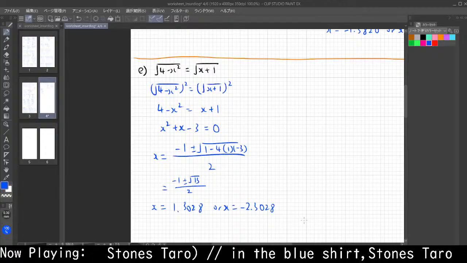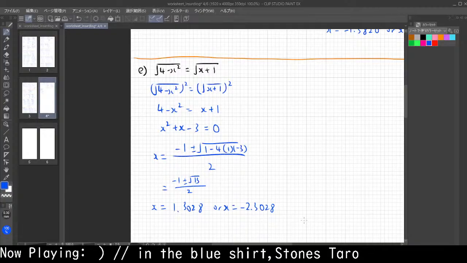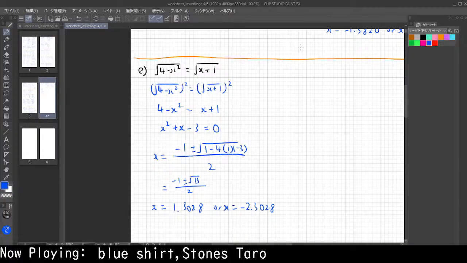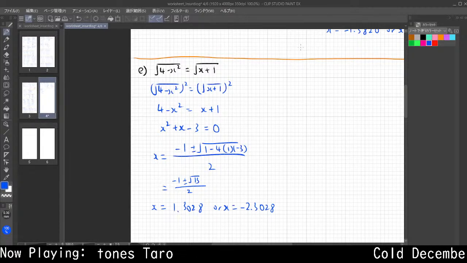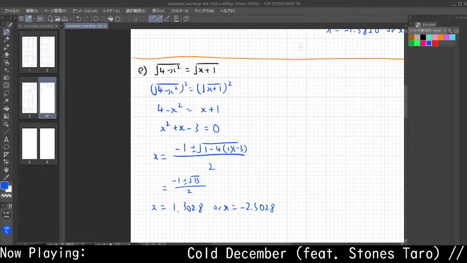Okay, so why I say this, because your second one, your x is minus 2.3. Minus 2.3 plus 1 is still minus. When it's still minus, you get minus 1.3. A negative number inside square root, you cannot, because you get i. Therefore, we just reject it outright.